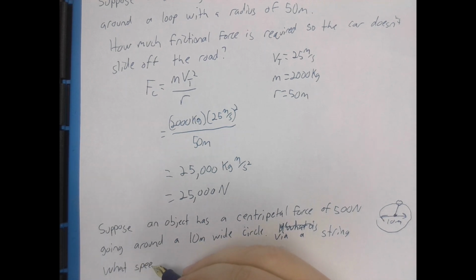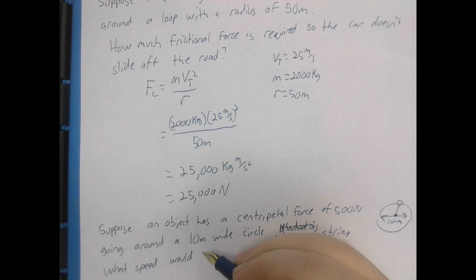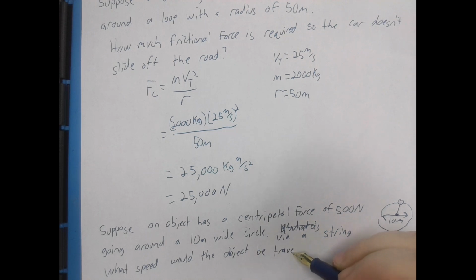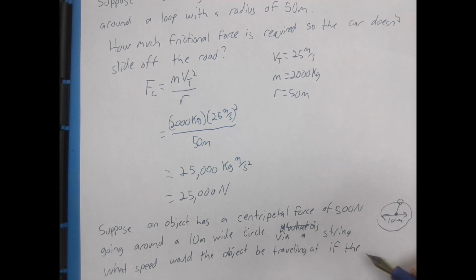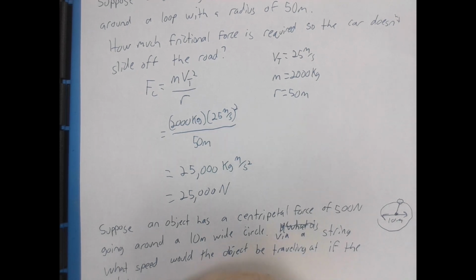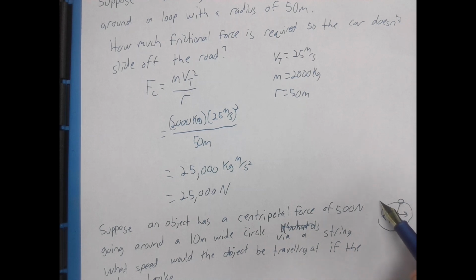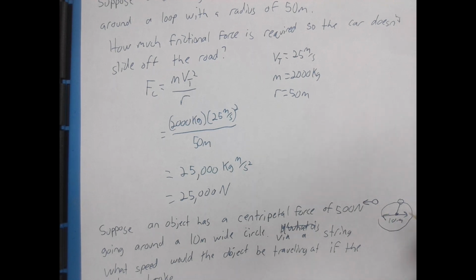What speed would the object be traveling at if the string broke? If the string broke, the object would be moving in a straight line with some speed that's just a tangential speed. So we're solving for the tangential speed.